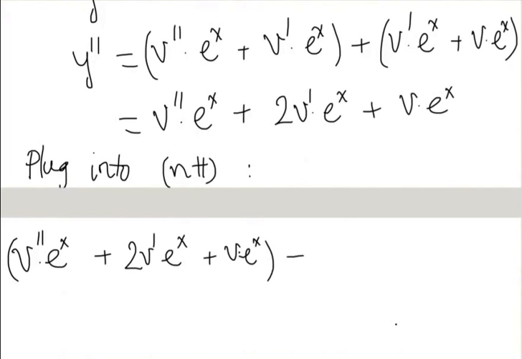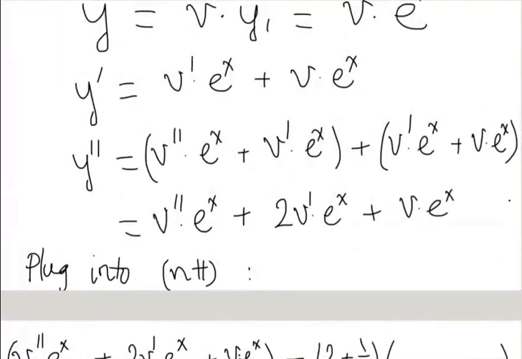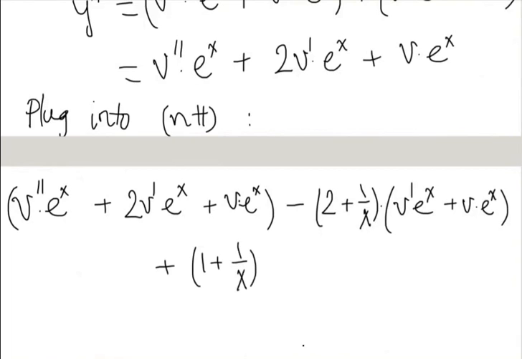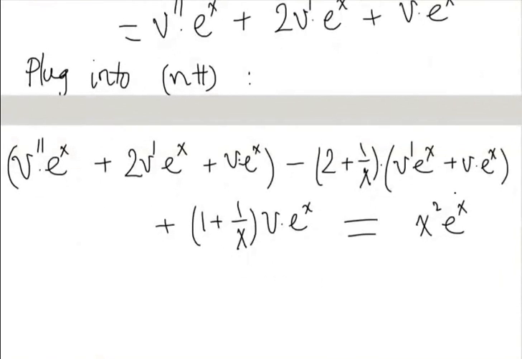And then minus (2 plus 1 over x) times the first derivative, which is here: v prime e to the x plus v e to the x. Lastly, (1 plus 1 over x) y, but y is v e to the x, and on the right hand side we have x squared e to the x. Now we need to distribute and simplify.